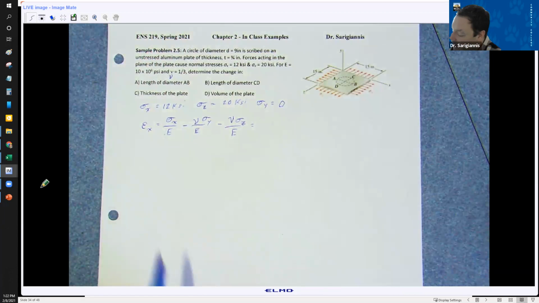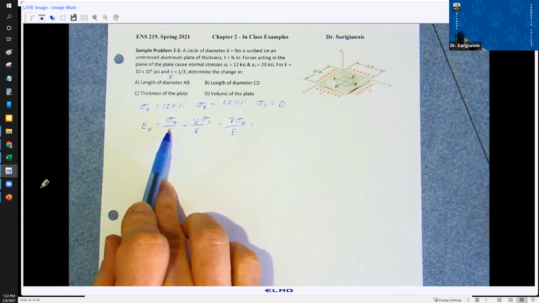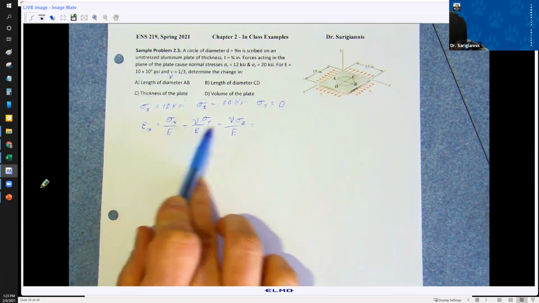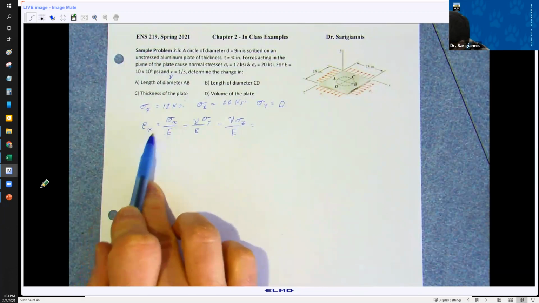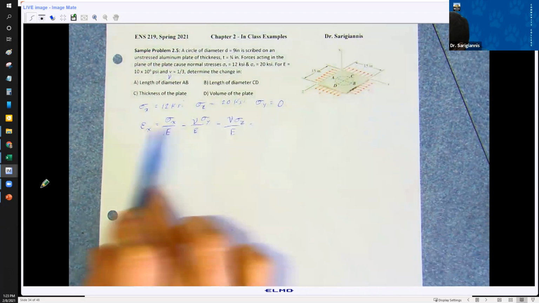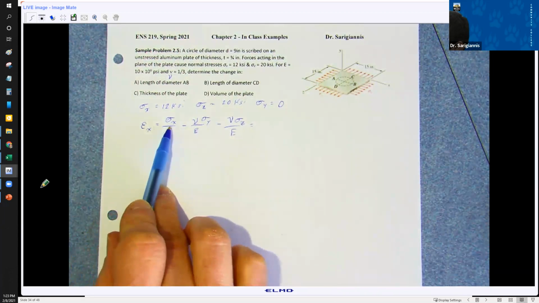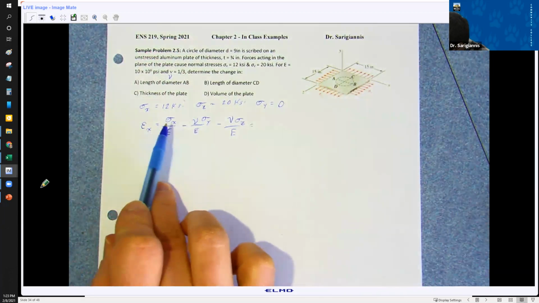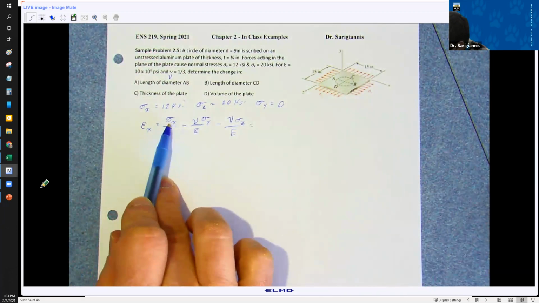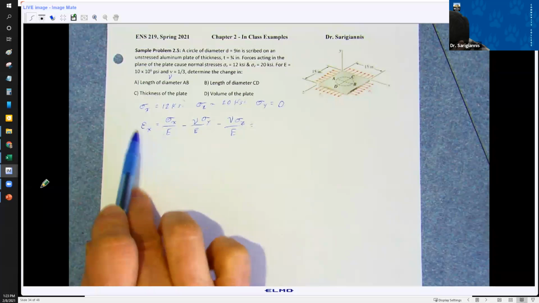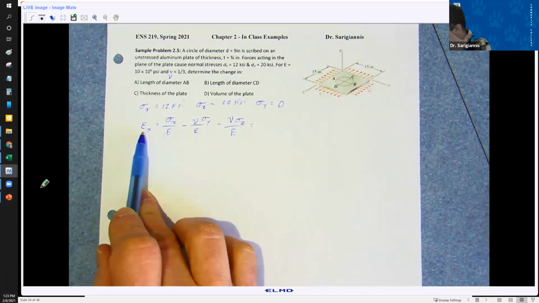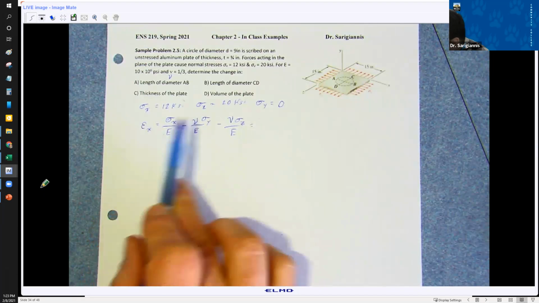So remember now, when I write these equations, this is the strain in the X component. We're looking at the stress in the X component here. So this is the positive one, right? This is the one that's resulting in a change in length of the X component.